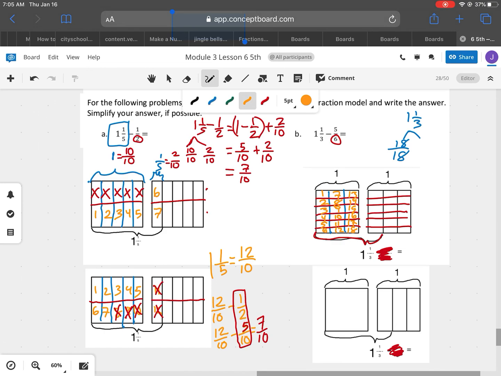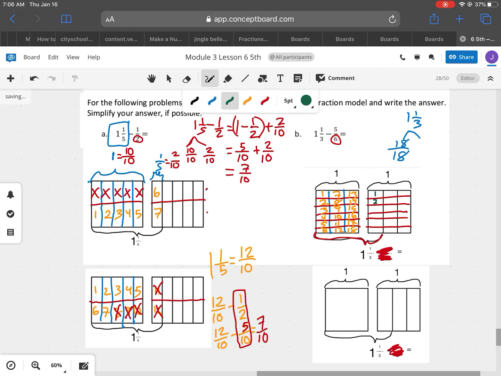And then for the 1/3, you might be going, how do you figure that out? Well, it's 1, 2, 3, 4, 5, 6 18ths. Let me do that again with a different color so you know where I'm getting that number.